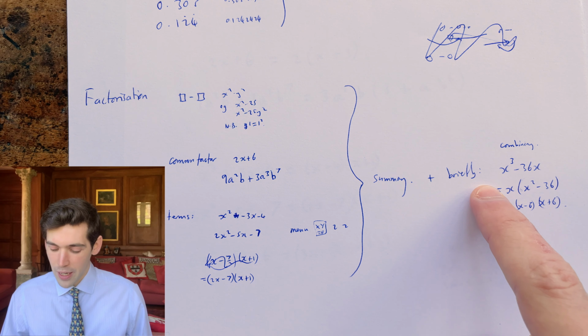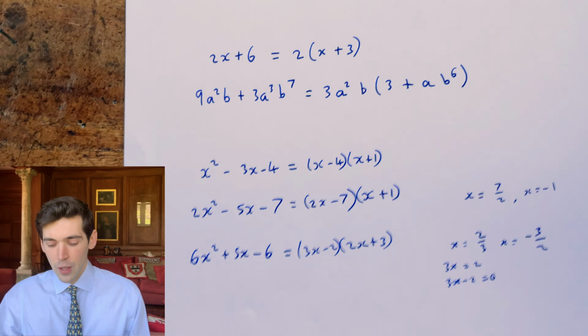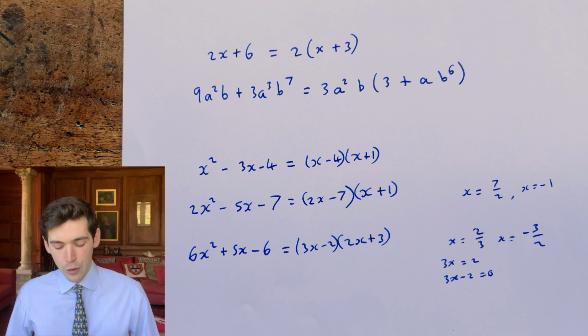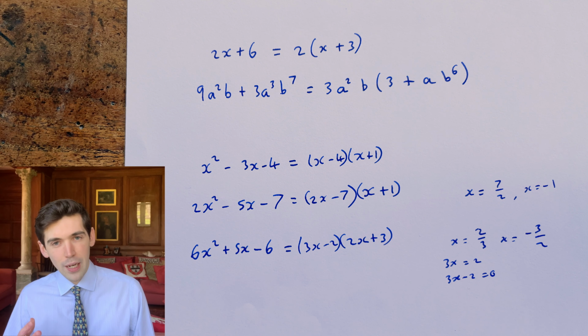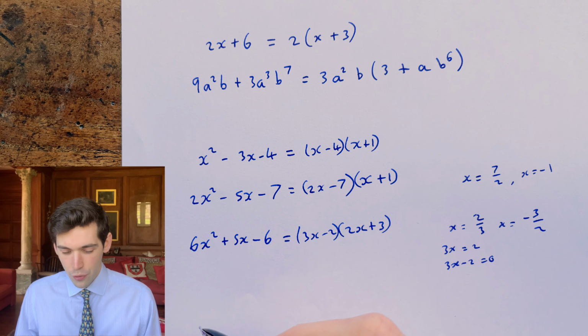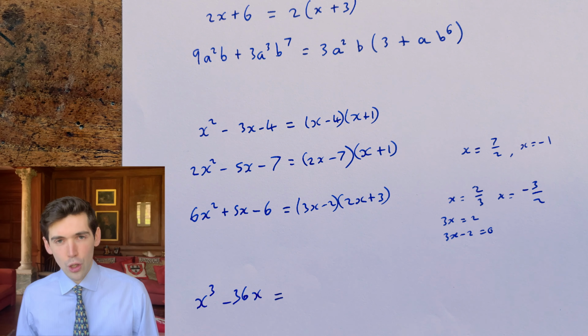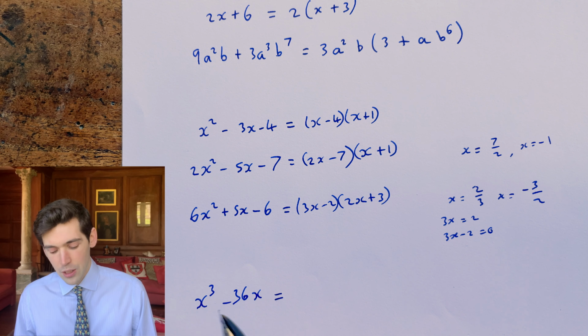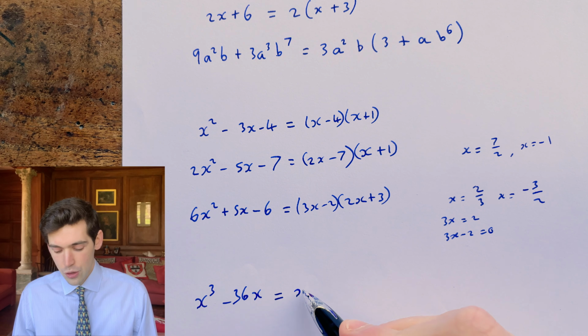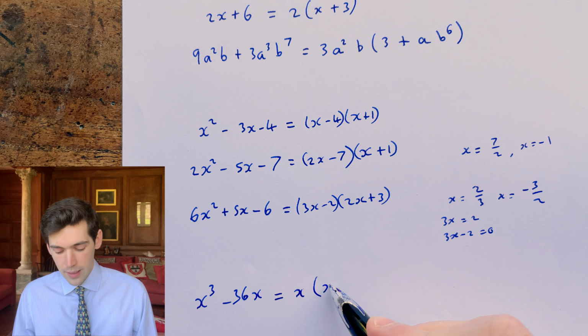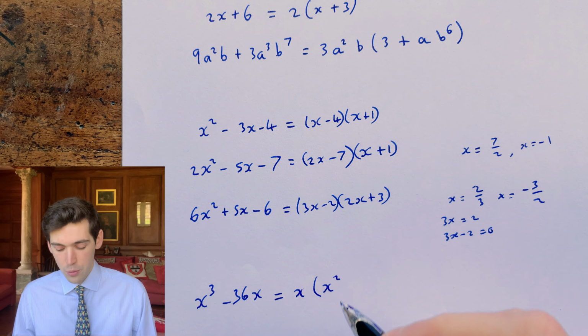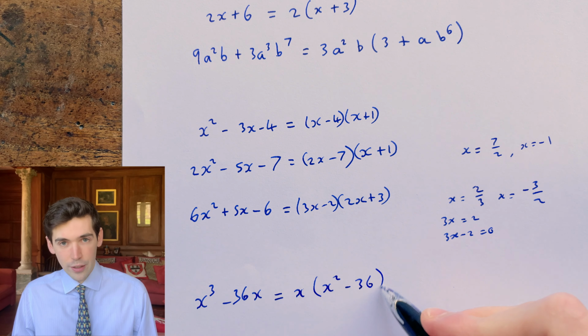But I said I was going to do this briefly. I'll just talk about that very briefly, which is that you can combine these techniques a bit. So for example, you start off by saying there's a common factor here because we've got x as a common factor. So you put x brackets x squared to get the x cubed minus 36.